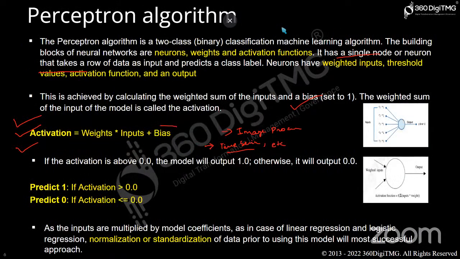Now, the perceptron algorithm is a binary classification algorithm. They classify into two classes. Perceptron is a unit of our neural networks, a single unit.